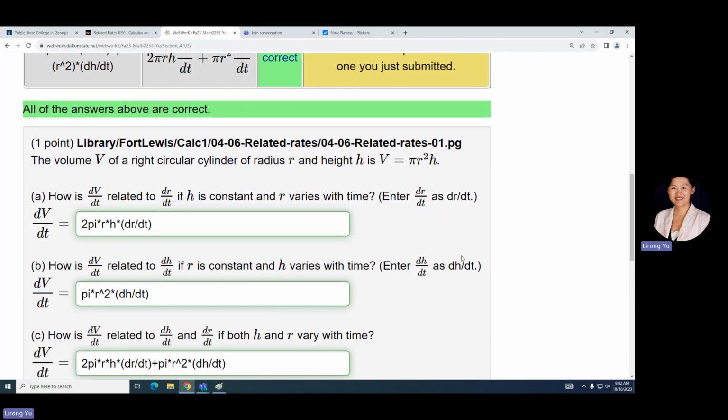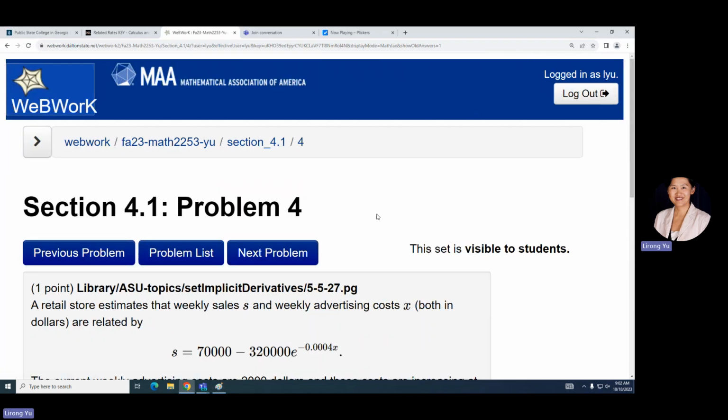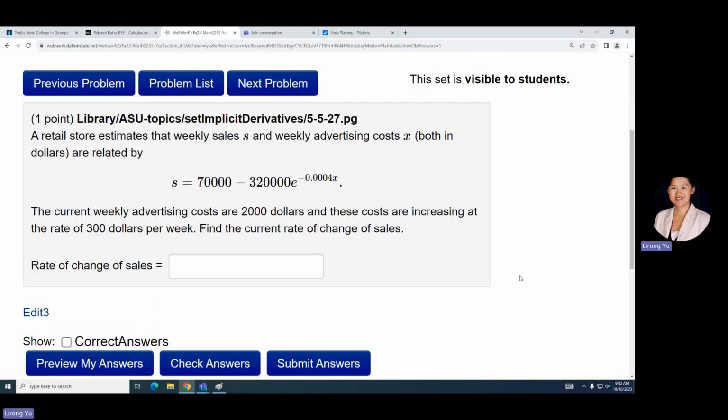So this is question 3 when the relation is given. It is 1, 2, 4. This is the relation between cost, which is represented by x, and the sale, with initial letter S. So this relation represents the relation between cost and sale.